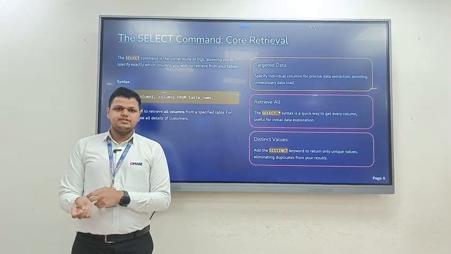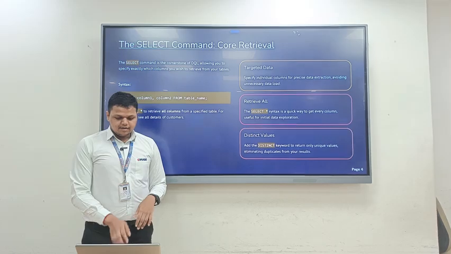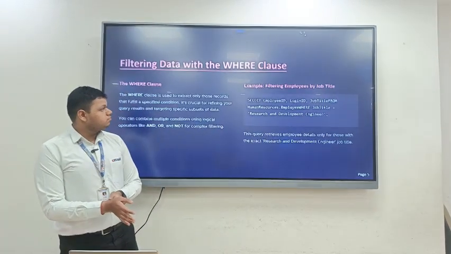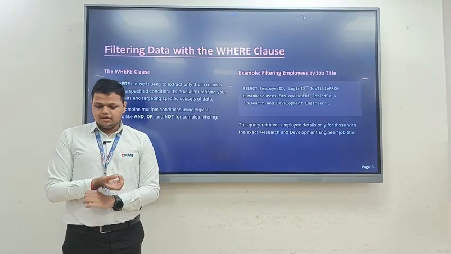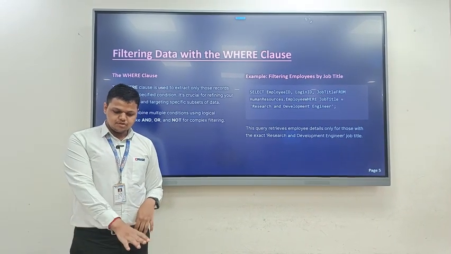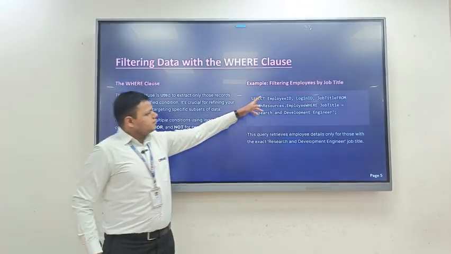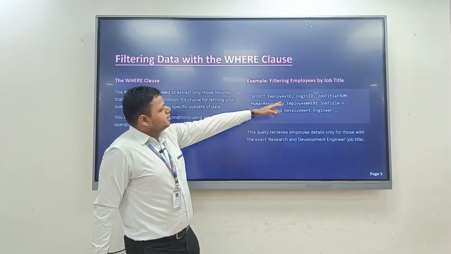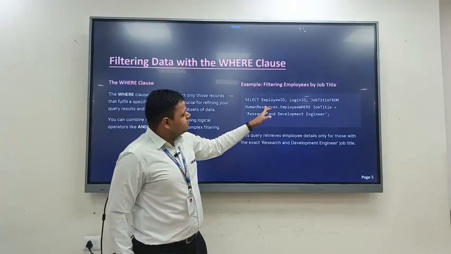Now the select command, we know that it is used to retrieve the data that is required by a user. Now the where clause is used to apply the condition in the query that is required by the user. For example, here we have given the select command, and then we have written the column name, and then we have used the from clause to specify the table.